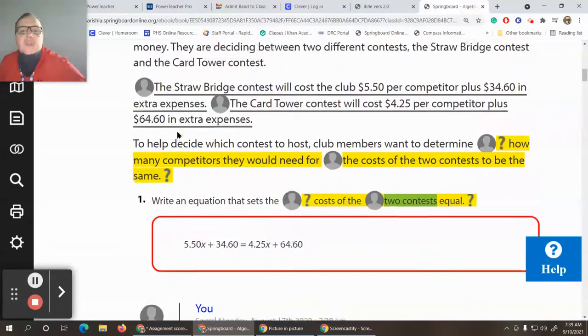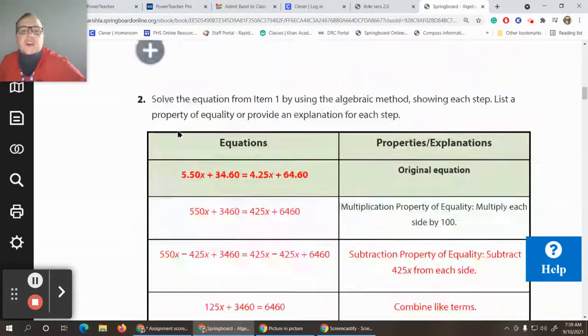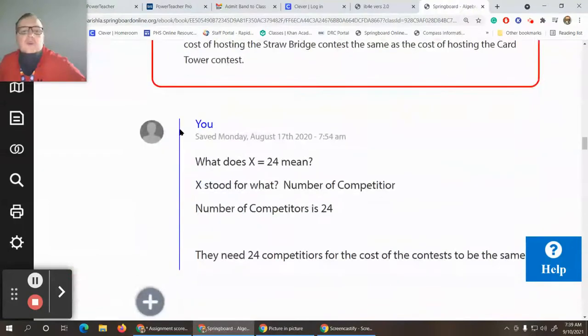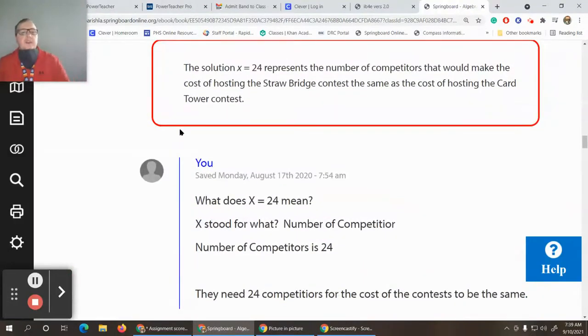So x stood for the number of competitors. Well, how many competitors do they need in order to break even? 24, right? That's what that means. Whenever you have x equals 24, it takes 24 competitors for them to break even.